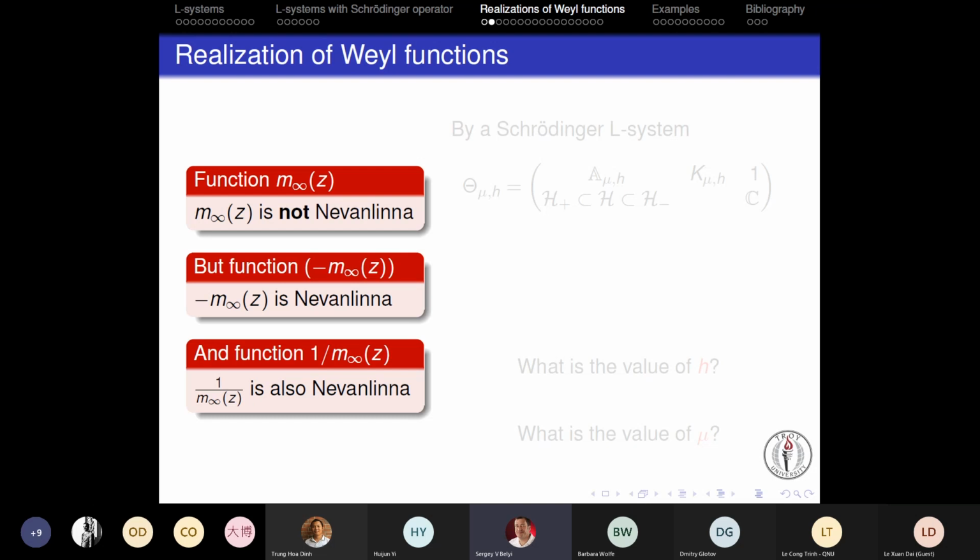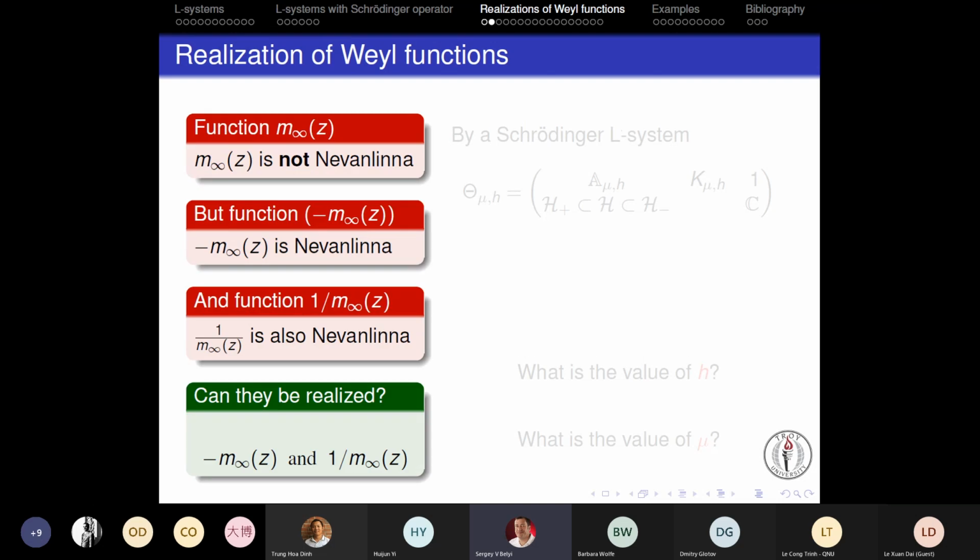So one avenue to take is to start working with their integral representations, but there is a simpler solution. One can take a shortcut and try to build a particular Schrodinger system that would realize negative m infinity and 1 over m infinity directly.